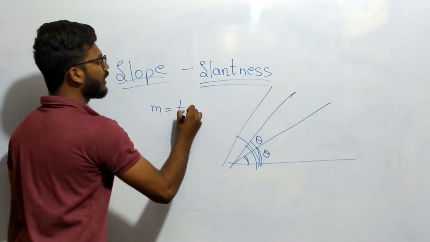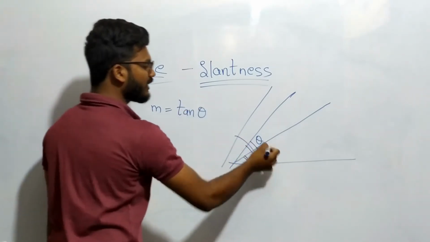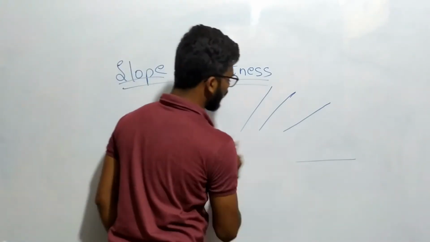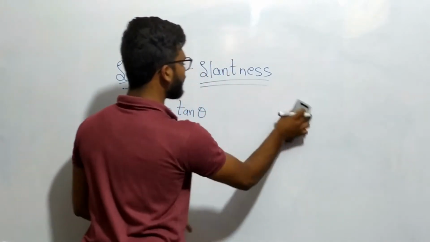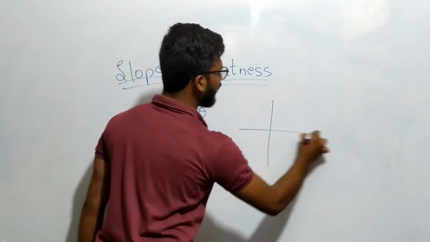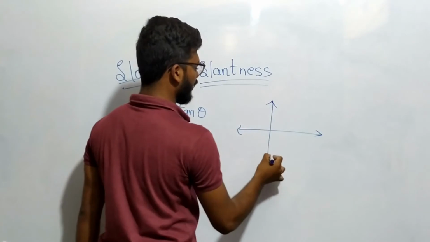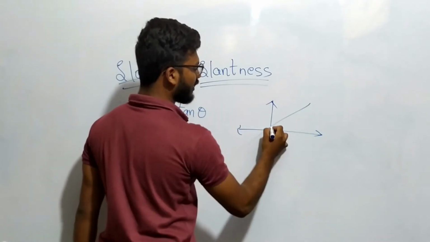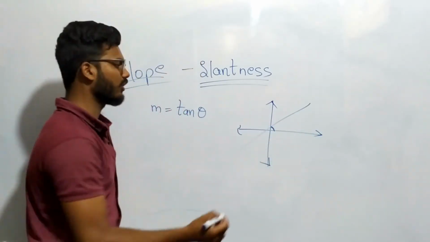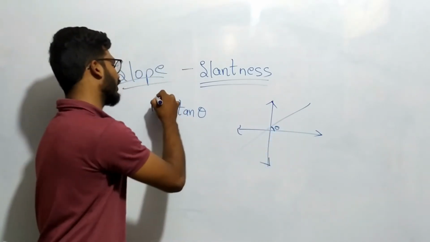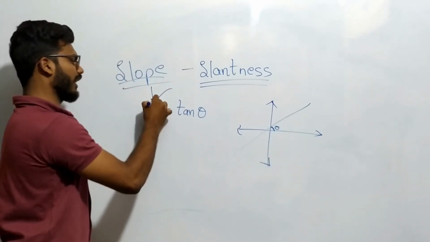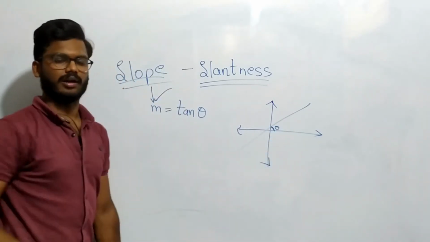M is equal to tan of this angle, and this angle we told now only. What is that angle? That angle is nothing but inclination, right? Here if you have a line, this angle we call as inclination. So theta is inclination, then the value of slope, slope is denoted with m, equals tan theta.